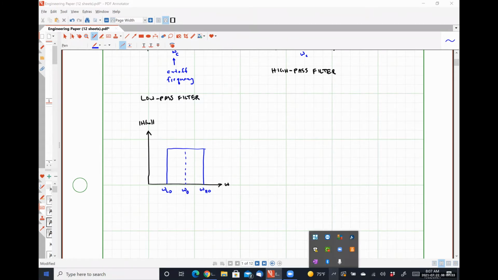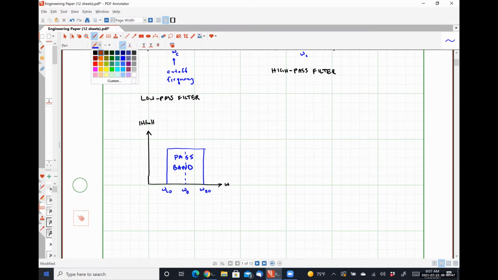So we have a pass band that ranges from omega low to omega high. And then we have two distinct stop bands, like so.